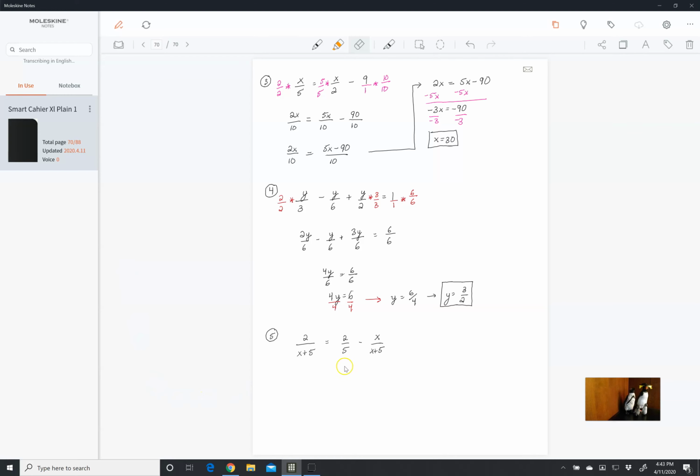So now we have algebraic expressions, so we need a common denominator. We start with this denominator. We're saying, what do the others have that this one doesn't? This one has a 5. This one does not have a 5, okay? This one has an x plus 5, not a 5, an x plus 5. So we need to multiply by 5 over 5 here.